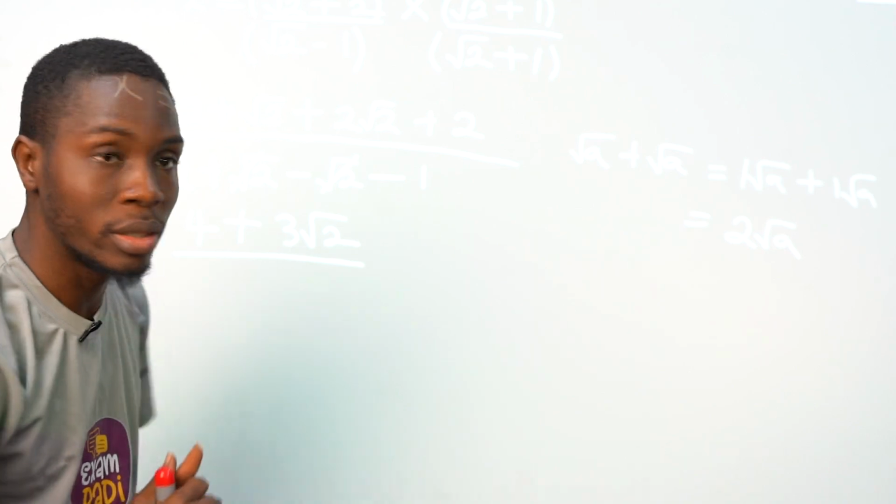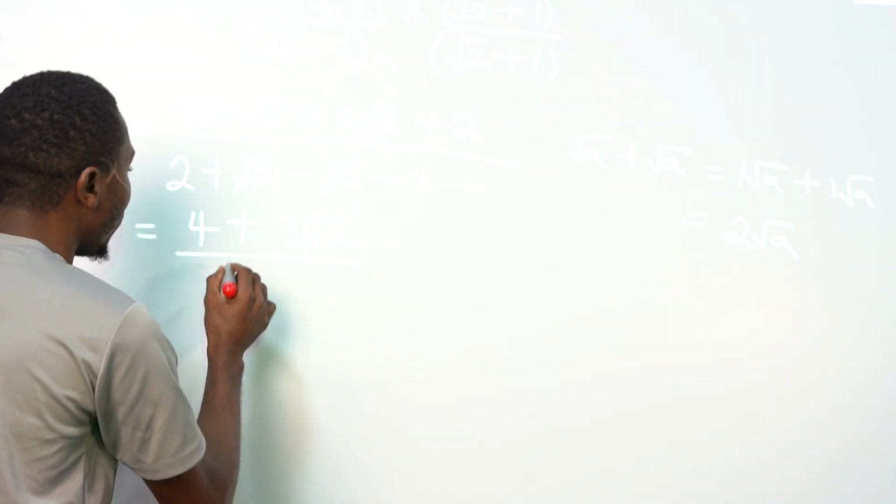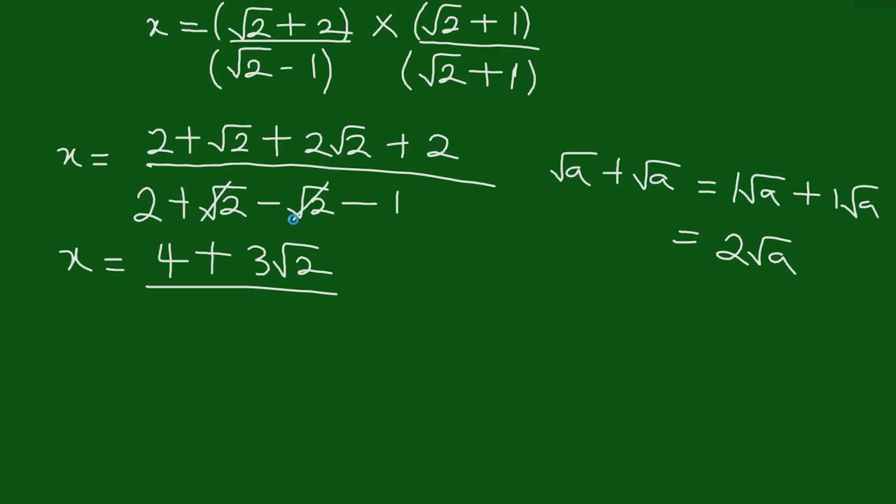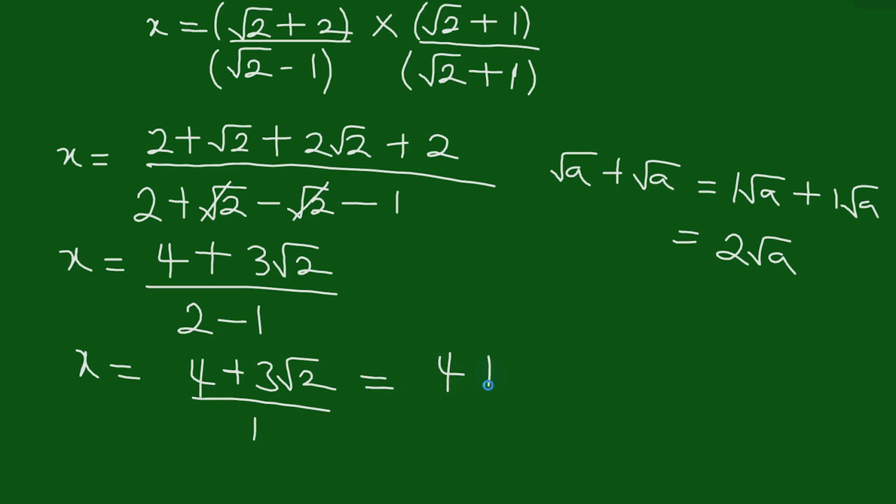So here we have 2 minus 1. x equals 4 plus 3 root 2 over 2 minus 1, which gives us 1. 4 plus 3 root 2 divided by 1 automatically gives us 4 plus 3 root 2.